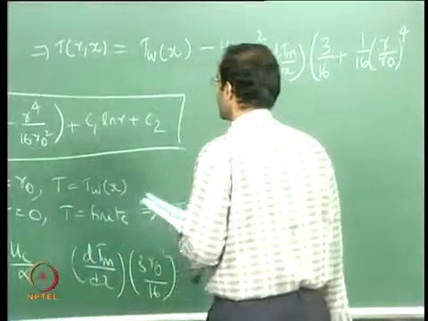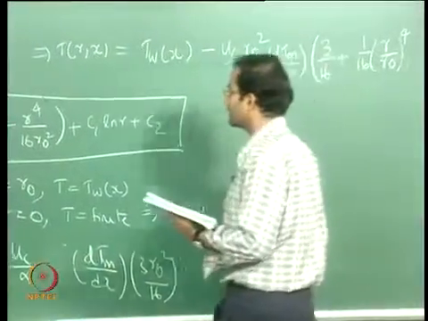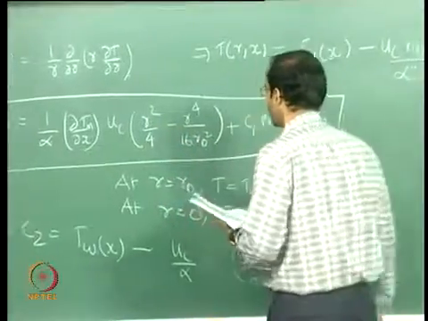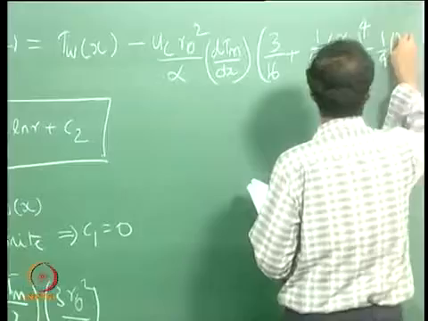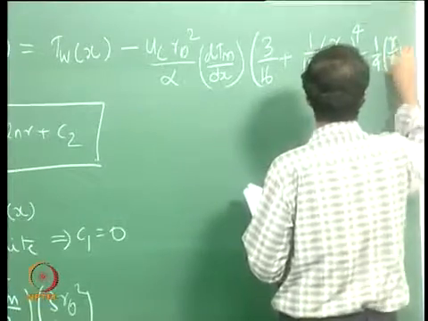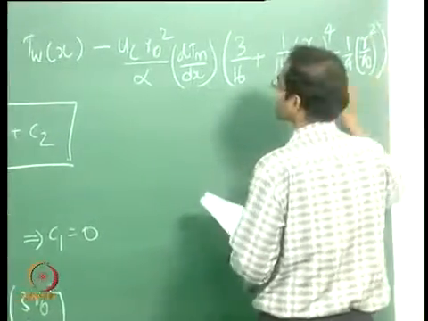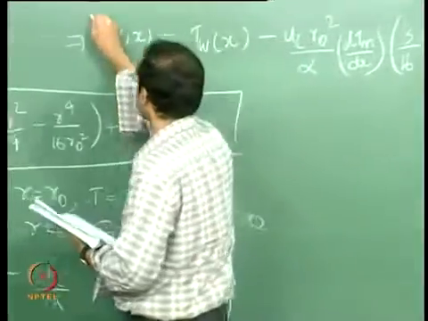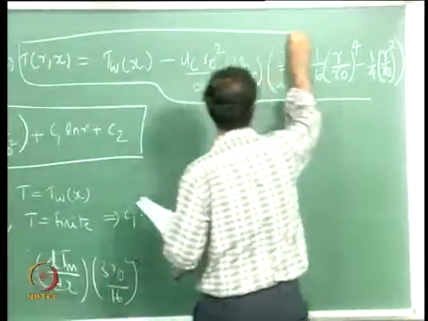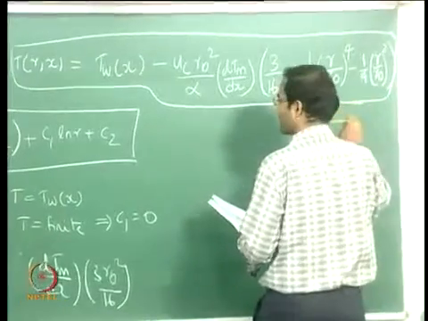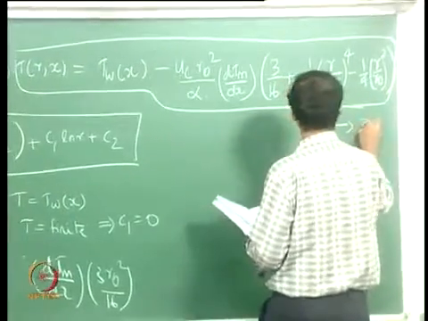Okay, and this remaining term will be minus 1 by 4 r by r naught the whole power 2. Okay, so this will be a final expression for temperature variation. Let us call this equation number 3.